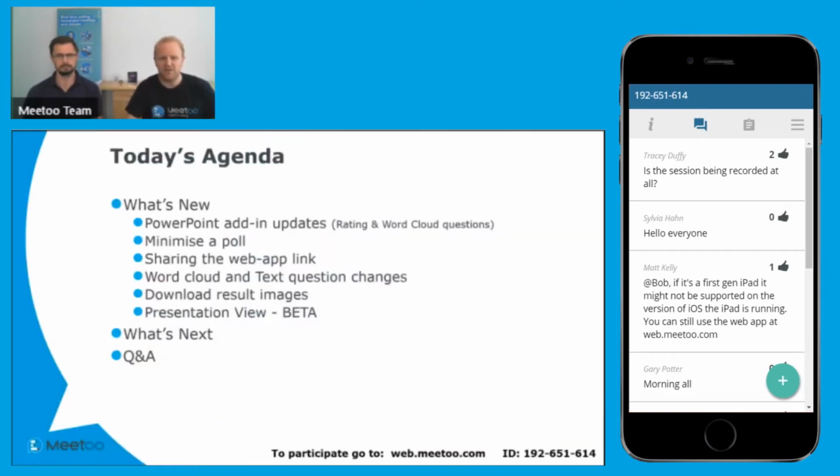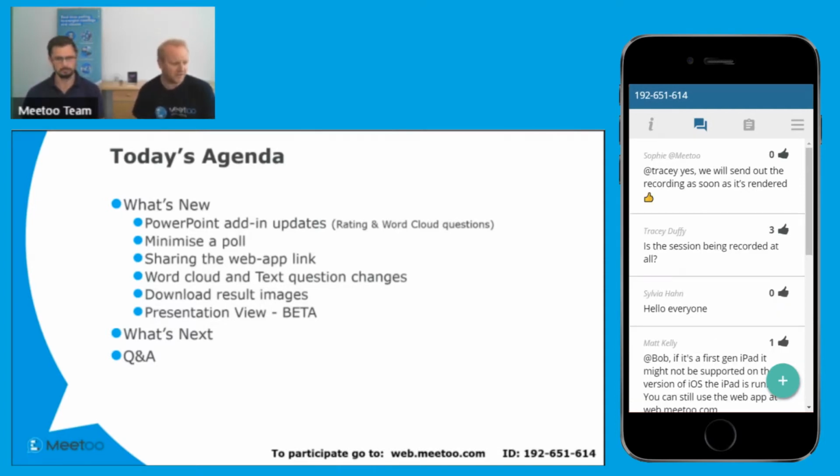Okay. Just to have a little look at today's agenda, we've got a lot of what's new, which is really exciting for us. This is quite a large release and one that we've certainly been very excited about for a while. So Matt's going to be taking you through these things for the most part of this session. We've got our very exciting PowerPoint add-in updates. So that's introducing the star rating and word cloud question types. We've got the minimizer poll feature. Matt actually previewed that in one of our previous sessions, but now that's a fully released feature.